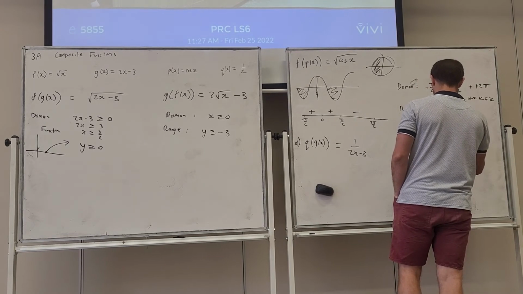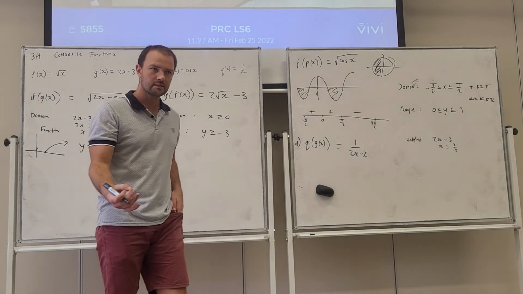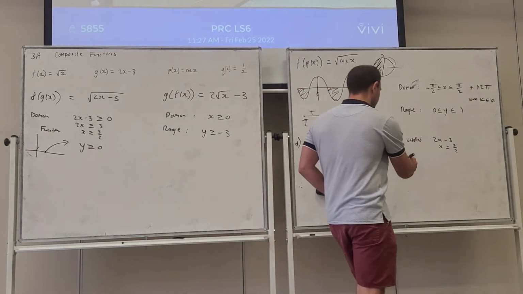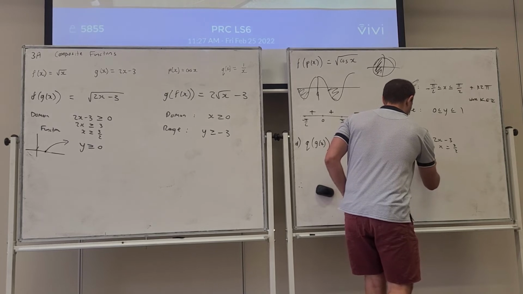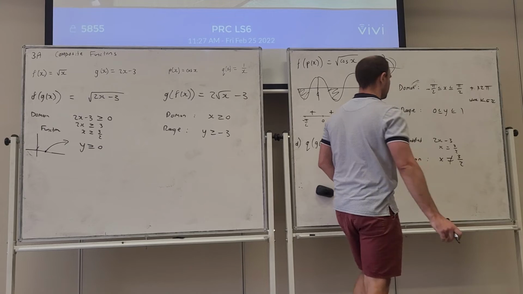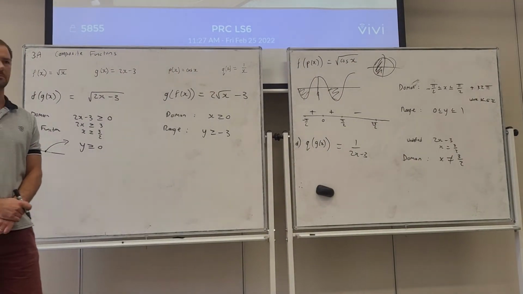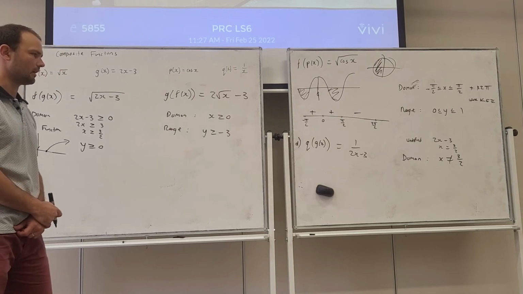So that gives us x is 3 on 2. That's where it doesn't exist, which means the domain exists for all values except that one. So the domain is x does not equal 3 on 2.